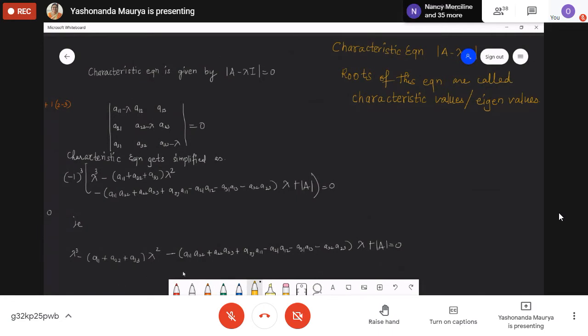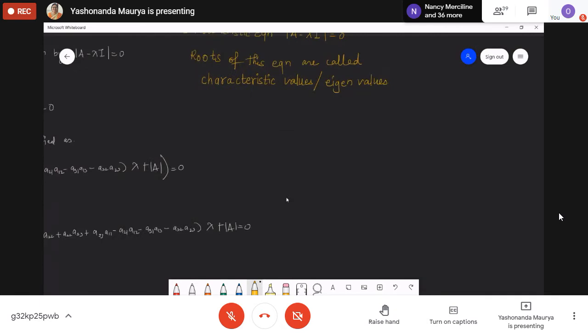Similarly, suppose we have a matrix A with entries A11, A12, A21, A22.